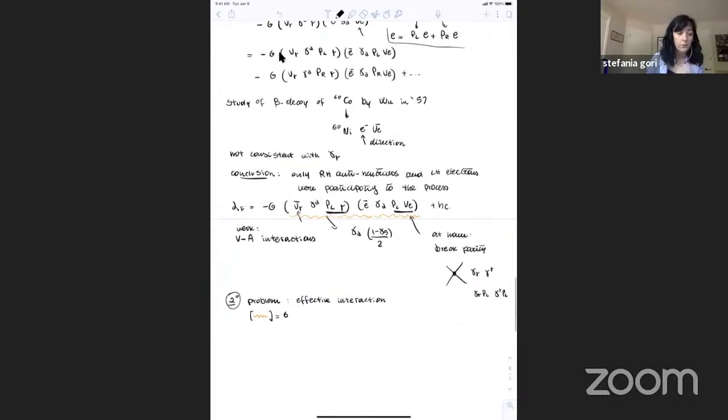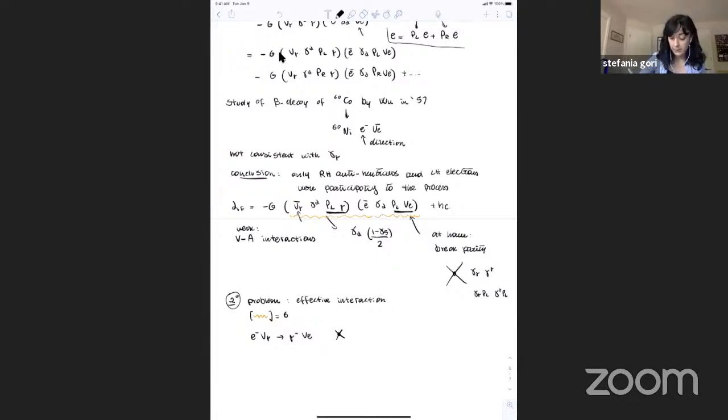So one can show that if you take some other process like, I don't know, the scattering of an electron and a neutrino to give, for example, a muon and another neutrino. Again, we receive a contribution from the operator that we wrote above.